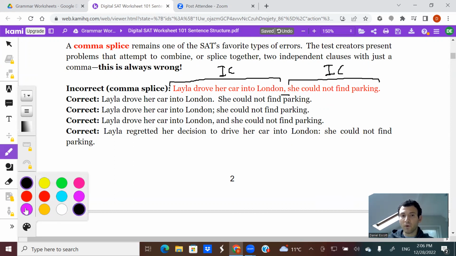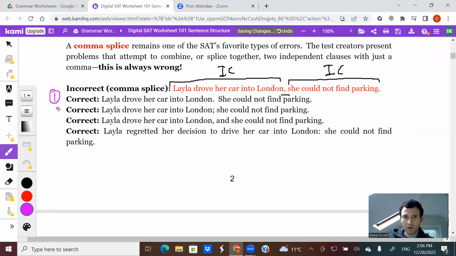Here's what you can do. You have exactly 4 options if you want to keep the two independent clauses, and you want to have these 4 options down pat. 1 is you just put a full stop there. 2 is you use a semicolon. We'll talk about semicolons in just a moment. 3 is you use a comma, but coming after the comma is one of 7 coordinating conjunctions, or the fanboys.